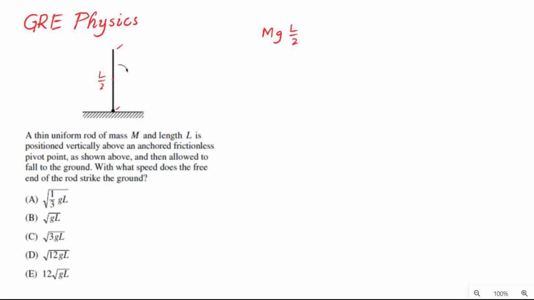rod above the ground. And this potential energy will be totally converted into the rotational kinetic energy of the rod as the rod comes down and hits the ground.